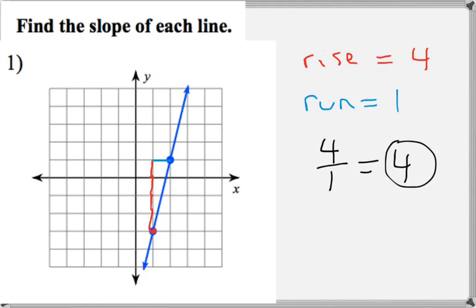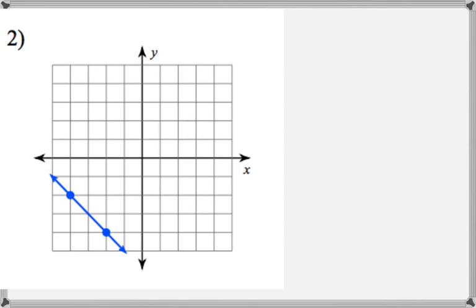Let's look at another example. In this graph, we have another line. We have 2 points on the line. We need to find our slope. So we choose a point. I'm going to choose this top one right here, and we're going to count for our rise. How far up or down do we need to travel to get to the same height as our other point? In this case, we would need to go down 1 and 2 spaces. So my rise went in the negative direction, which made it a negative 2. Then we need to count our run.